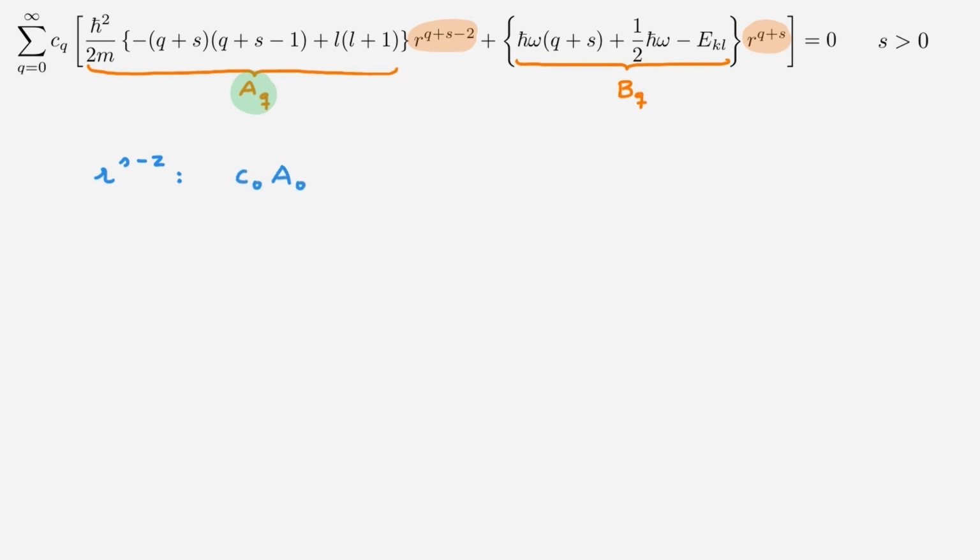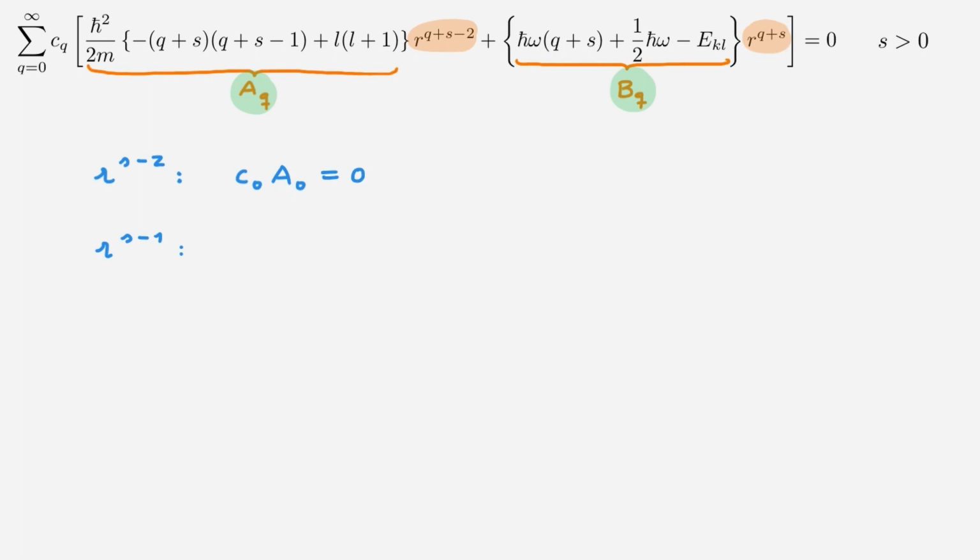For the term proportional to the b coefficient here, the lowest power in this term is s, so it does not contribute to this term, which has a power of s minus 2. As every power in the top equation must vanish, then these coefficients of the first term must be equal to 0.